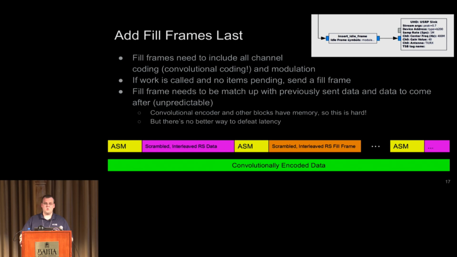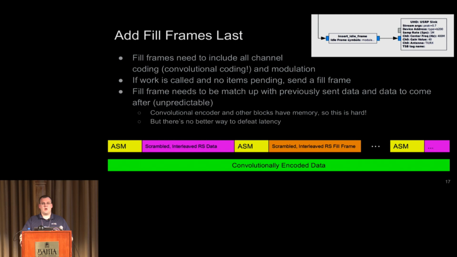So I have to take a fill frame that's known, pre-encode, Reed-Solomon encode it, scramble it, et cetera. That's easy. But then convolutionally encode it, and 12 of those bits up front are dependent on the previous data bits, which you don't know since you're pre-encoding this.